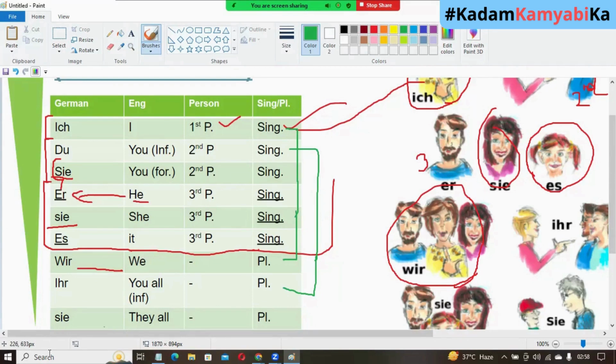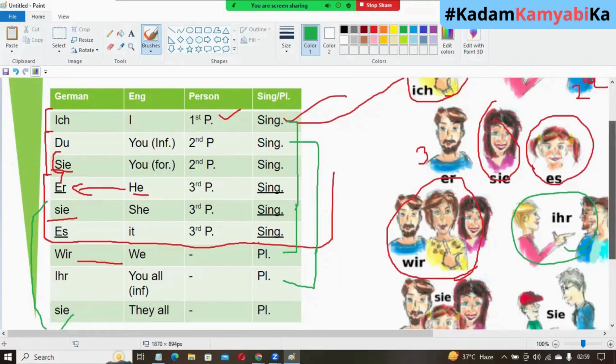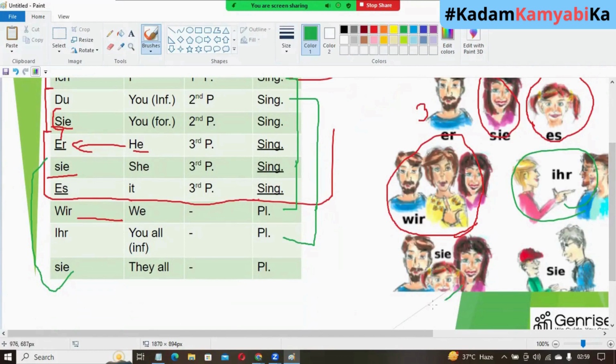And this small sie refers to they all, or you all, which is the plural form of this formal Sie. So they all also being referred to as they, but again, a small s.